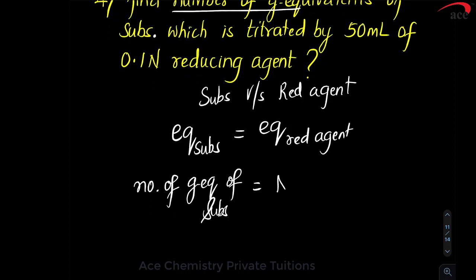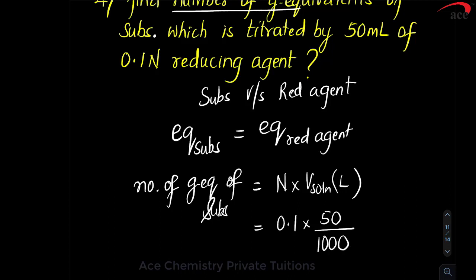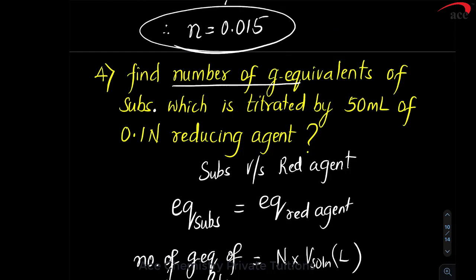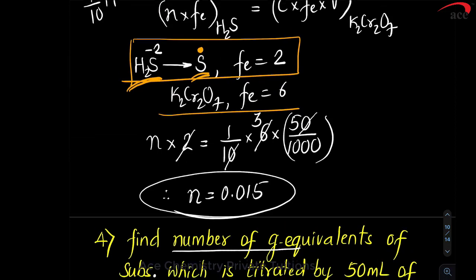The number of gram equivalents of the substance will be EQ of the reducing agent. That we can write as normality multiplied by volume of solution, which should be in liters. Normality is given as 0.1. Volume of solution in liters is 50 upon 1000. So the answer will be 5 into 10 to the power minus 3. This is how you will calculate gram equivalents.